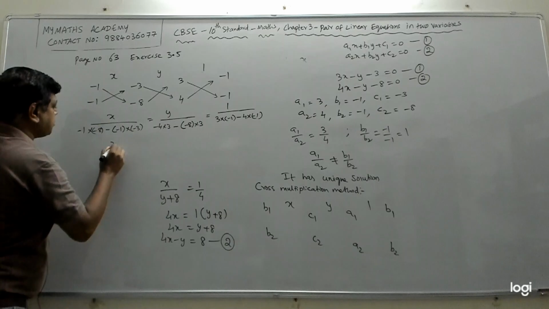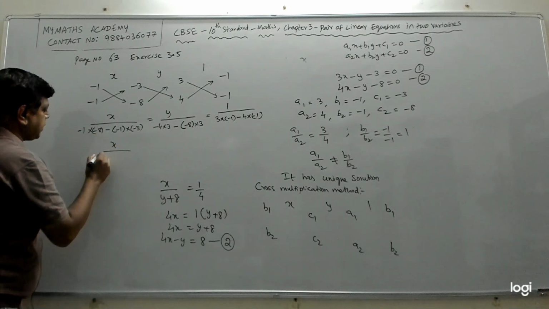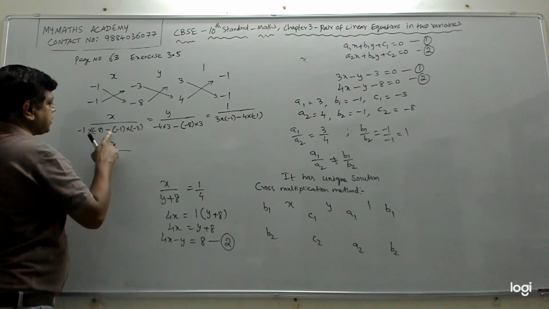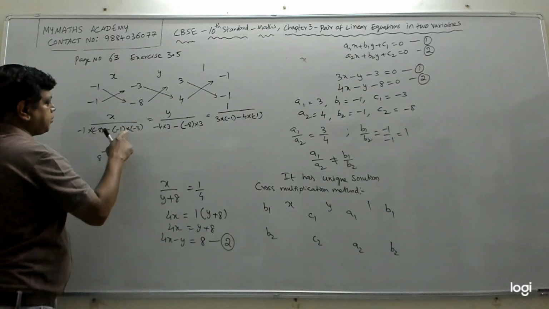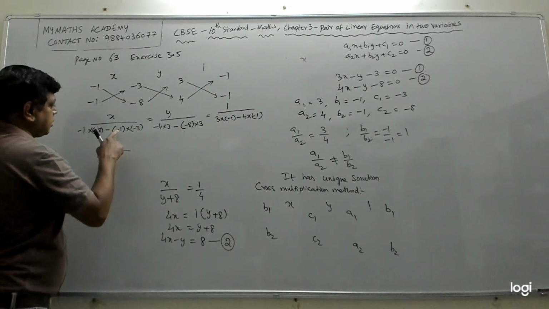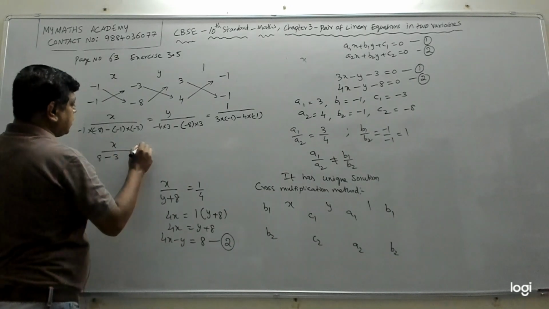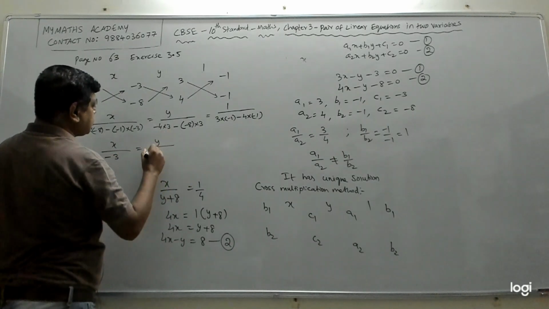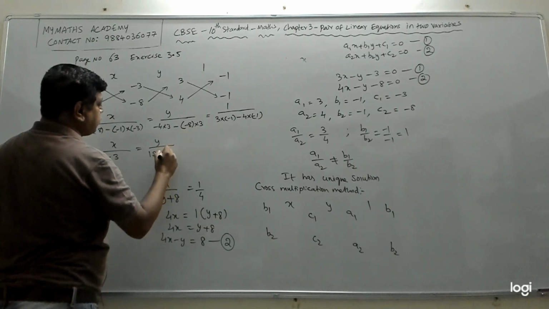Now this becomes x by minus 1 into minus 8 is plus 8. Here minus 1 into minus 3 is plus 3, so 8 minus 3, equal to y by minus 12 minus minus 24, which is plus 24.